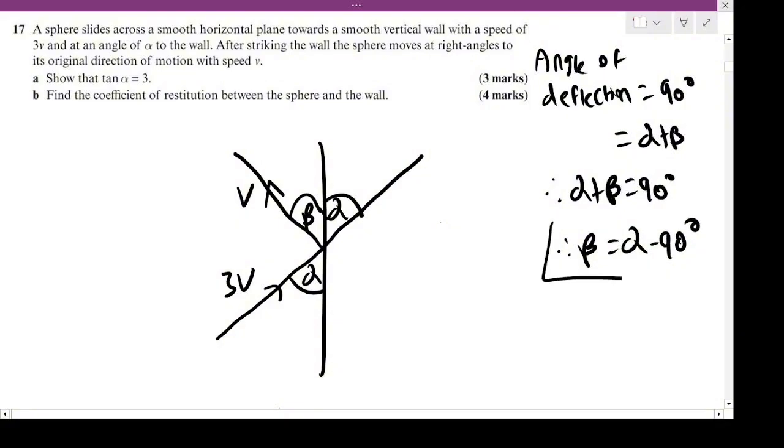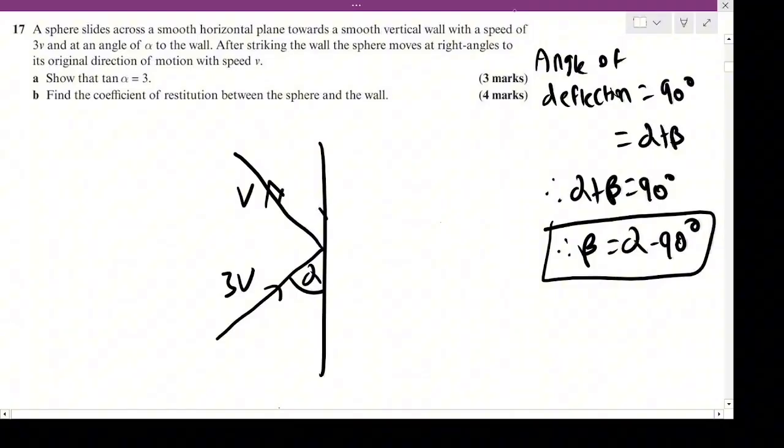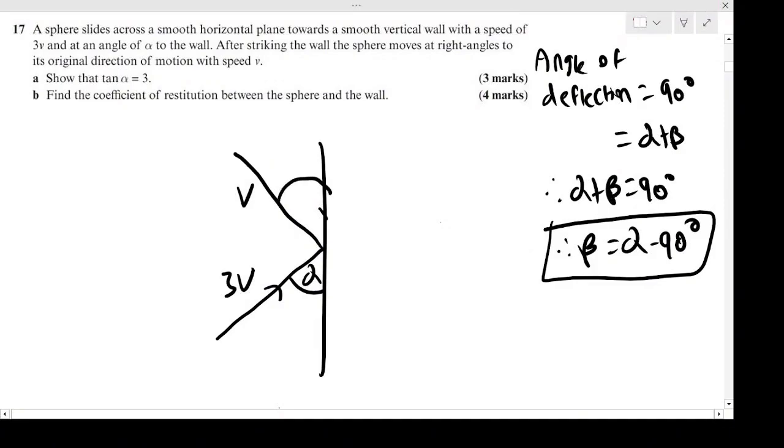So hopefully you're happy with that. So actually that gives me something to work with. They love to include the angle of deflection. Okay, but hopefully we are comfortable with that, and then we can go from there. Okay, so the angle beta, I should make that a bit clearer actually. So this is going to be 90 take away alpha.